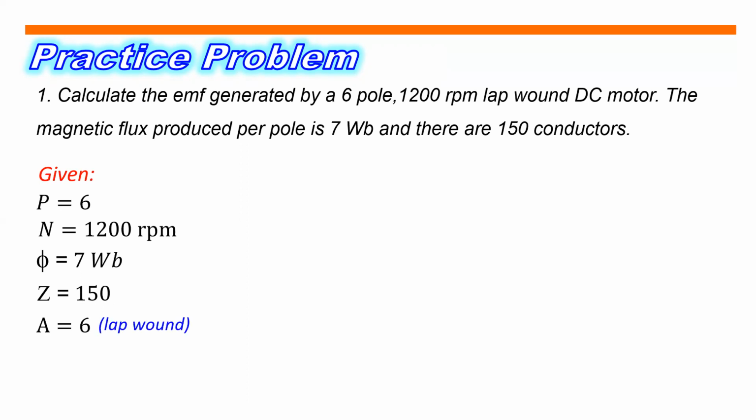And A, or the number of parallel paths, is equal to 6 dahil nga siya ay lap wound or lap winding ang kanyang connection, then the parallel path is equal to the number of poles, which is equal to 6. Then we are asked to solve for the value of the back EMF.